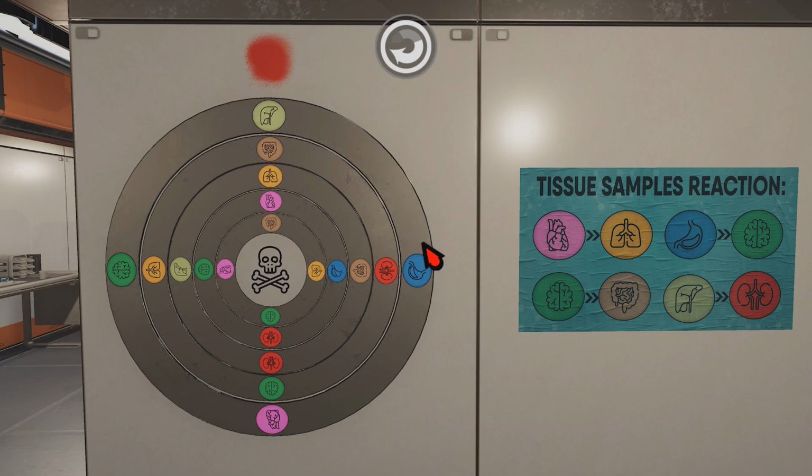All right, let's see. What can I do with this? All right. So heart goes to lungs. Stomach goes to brain. Brain goes to intestines. Liver goes to kidneys. All right, that all matches up.